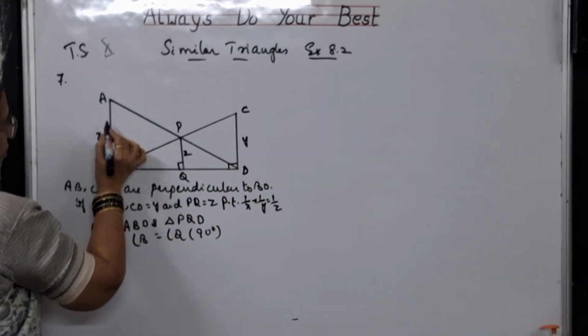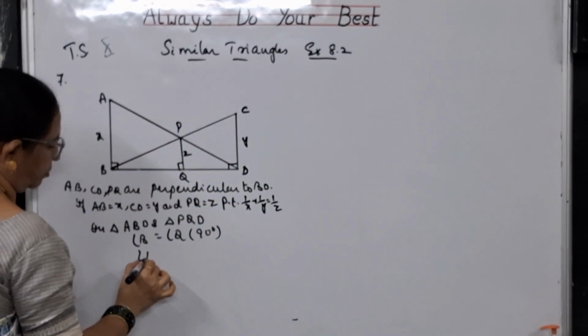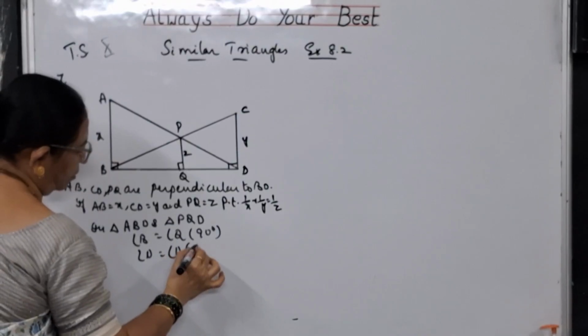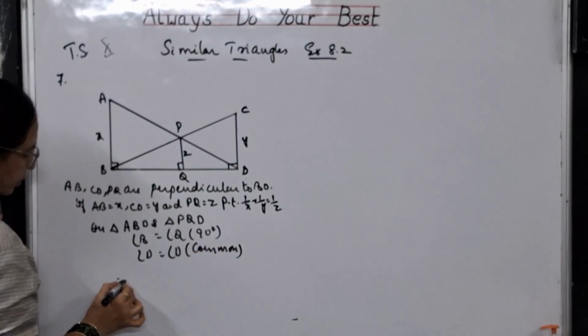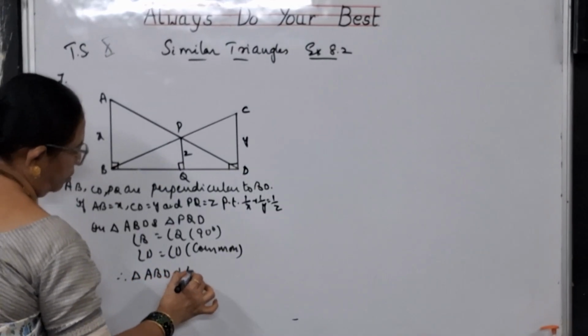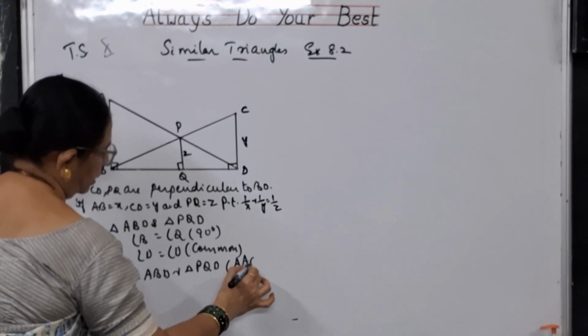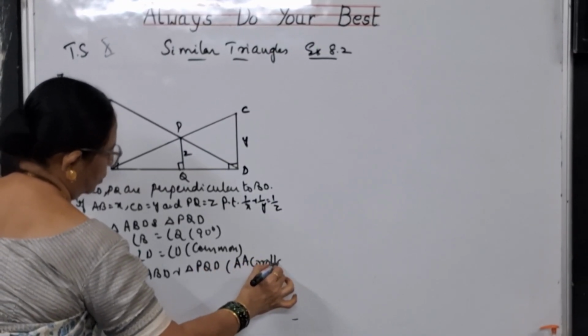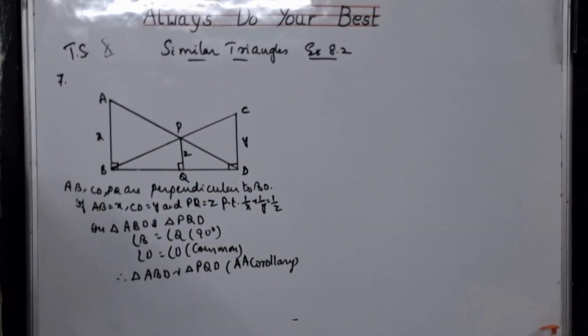And see, this is the triangle, so angle D is common. Angle D is equal to angle D, common. Therefore, triangle ABD is similar to triangle PQD basing on the angle corollary.